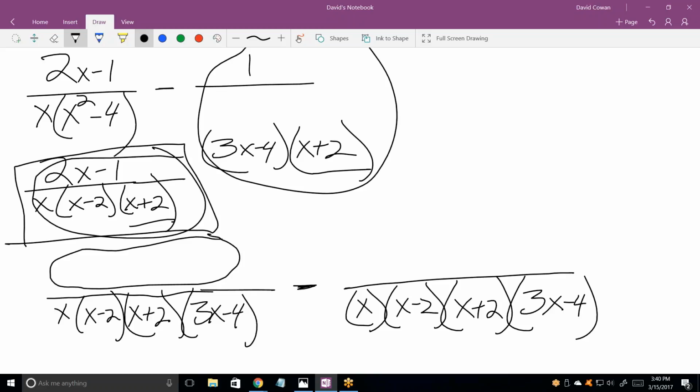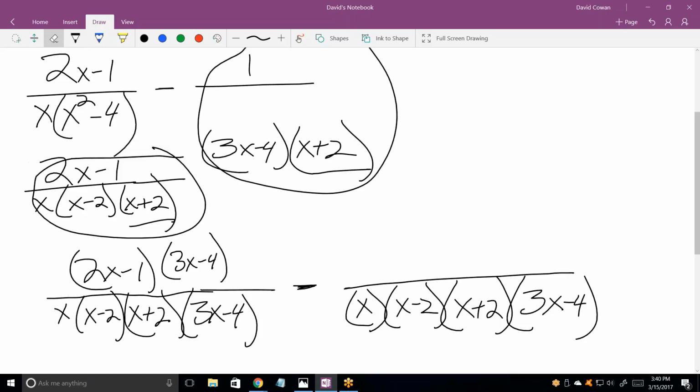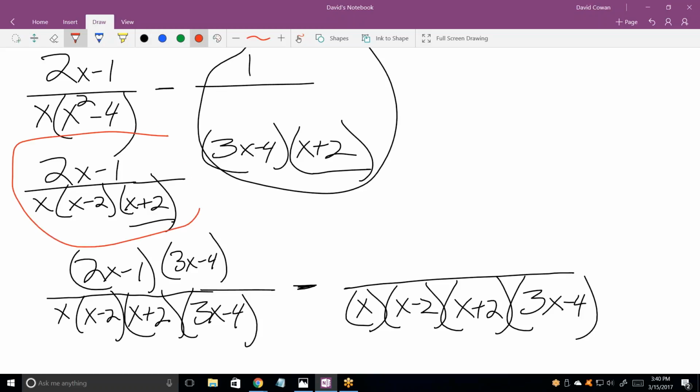Well, I clearly need a 3x minus 4 and a 2x minus 1 in parentheses. Now, let's look at that for a second. How can I tell that I haven't changed the fraction? In other words, I want to make sure that this fraction here is identical to this fraction here.